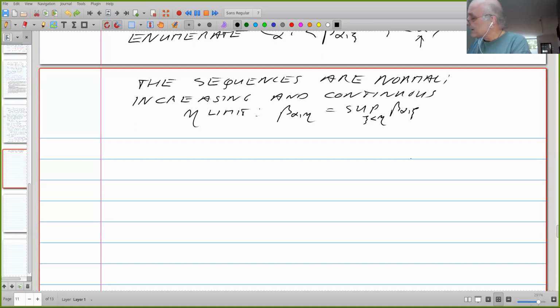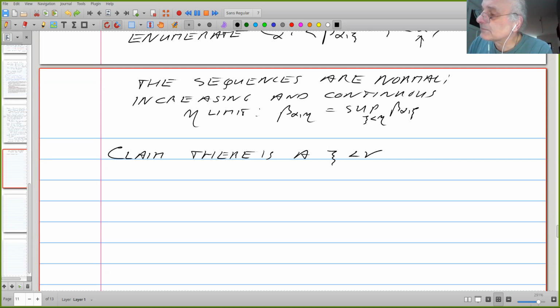And we get the same claim as before, but now there is a psi less than kappa, because we don't have a single alpha to work with, but all those psi's are less than kappa.